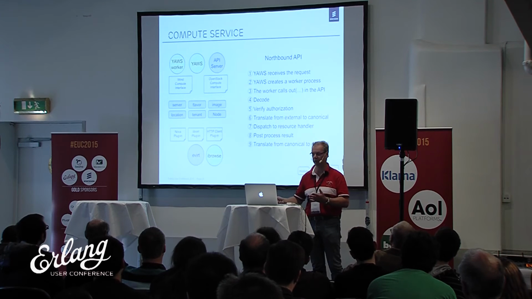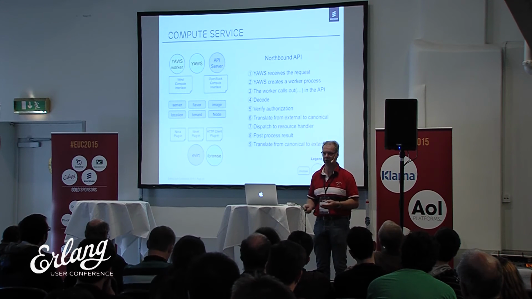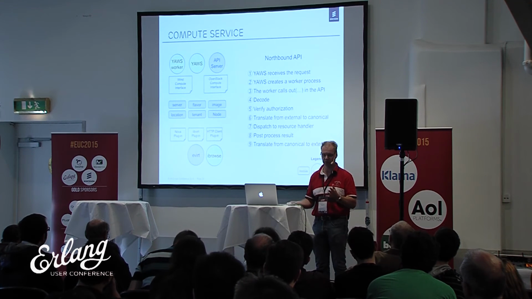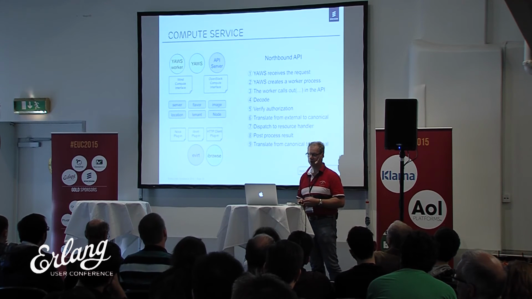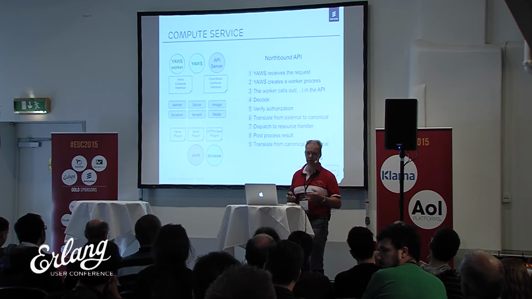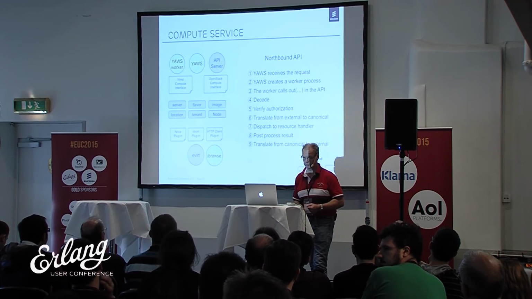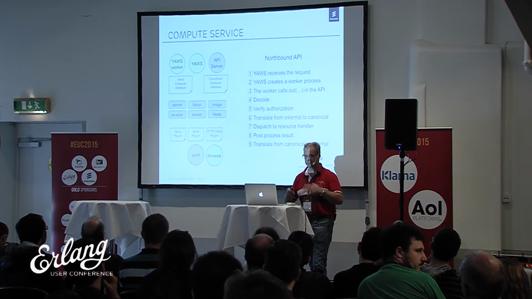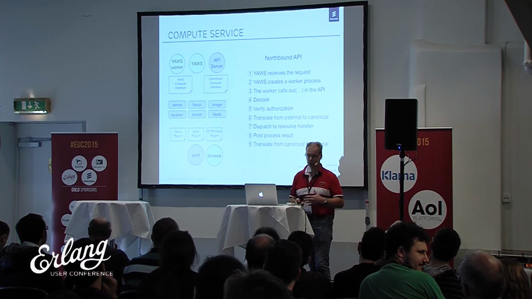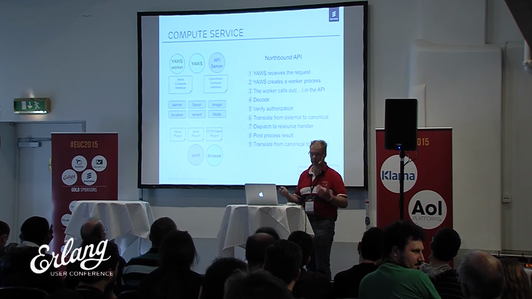It will do a lot of things. It will automatically decode it if it's JSON, XML, and so on. It will verify that the user sending this request is authorized to perform this operation. This is done in common code, so you don't have to write that yourself. It's already done.